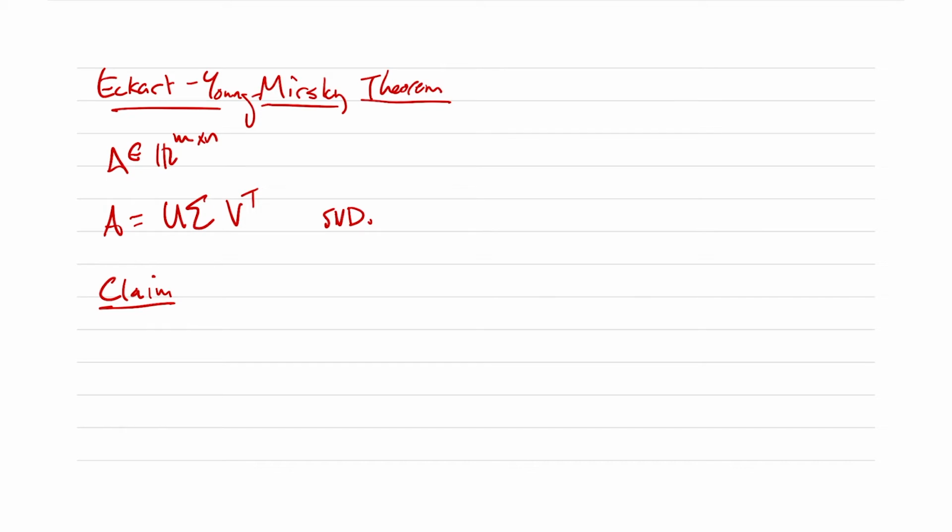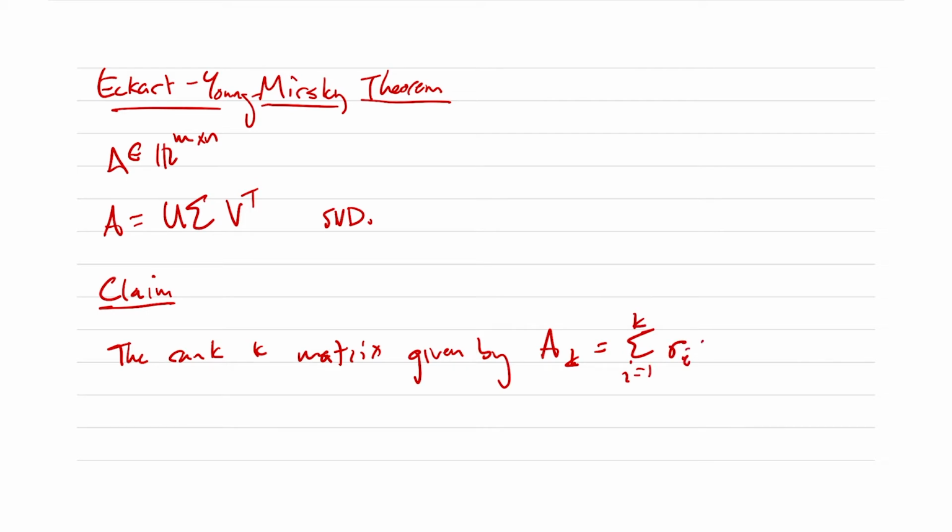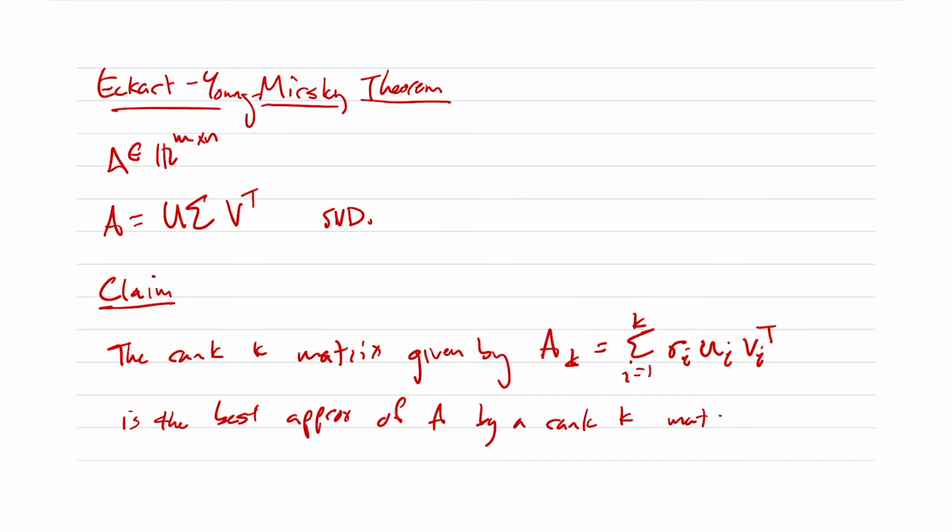So, claim: the rank k matrix given by A_k equals the sum from i equals 1 to k of sigma_i u_i v_i transpose is the best approximation of A by a rank k matrix according to, we'll say, the spectral norm.